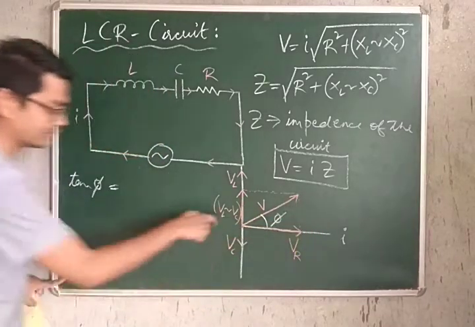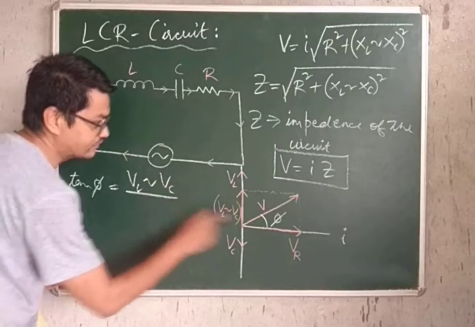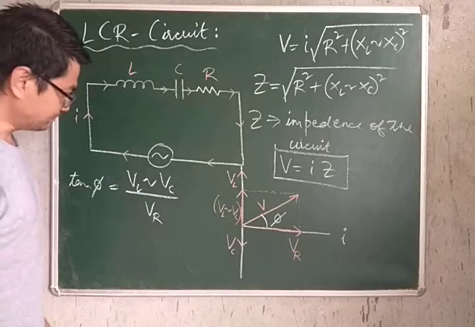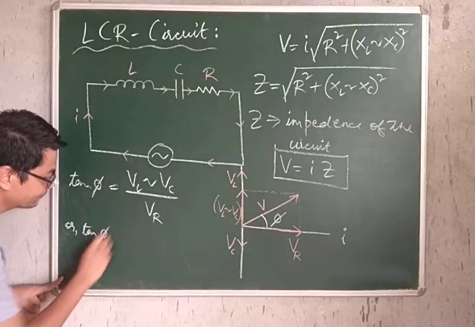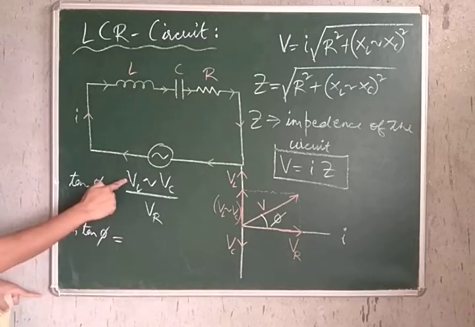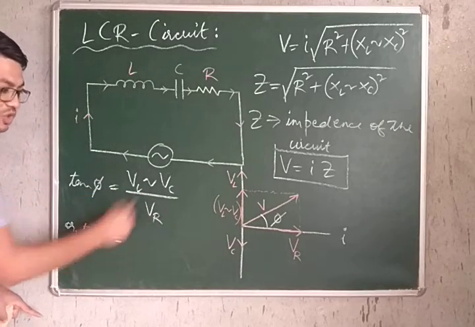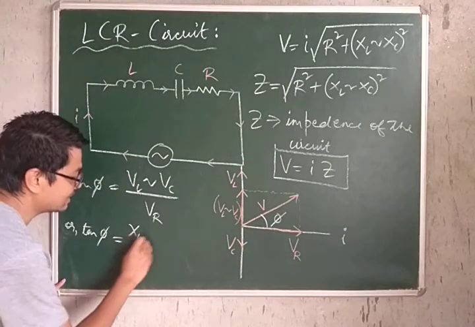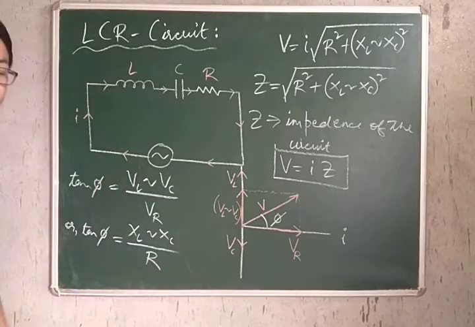Perpendicular is VL minus VC, so (VL minus VC) divided by VR. Or this can also be written as, I can take out I common from both of these two terms. Here also I can take out I common, so they divide each other out. So this becomes (XL minus XC) divided by capital R.